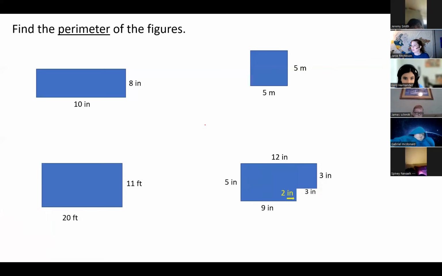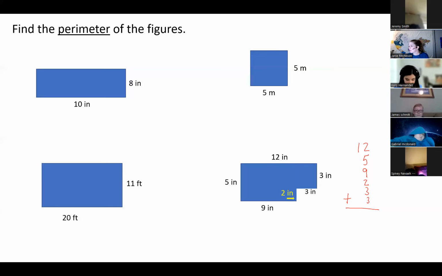That's all we have to do, right? So we have 12 plus 5 plus 9 plus 2 plus 3 plus 3. Did you guys do that? Did you just add up all the sides? What is it? Somebody saying, a couple of you saying 34. Somebody said 50. Caitlin's saying 34.